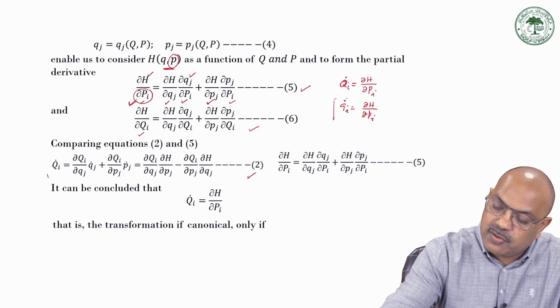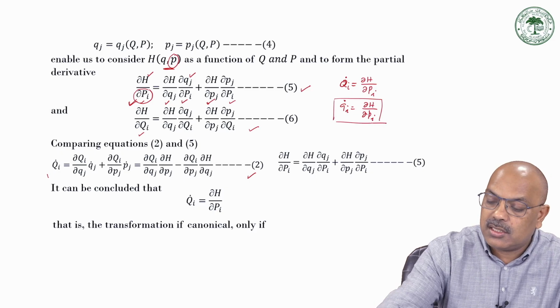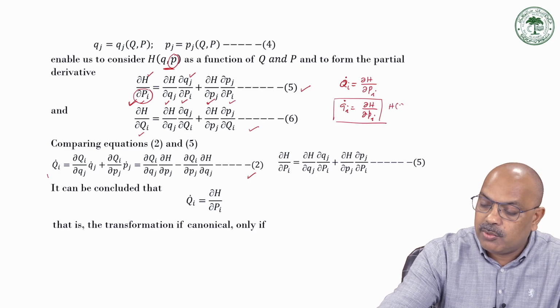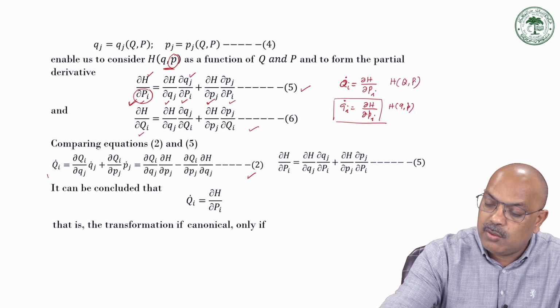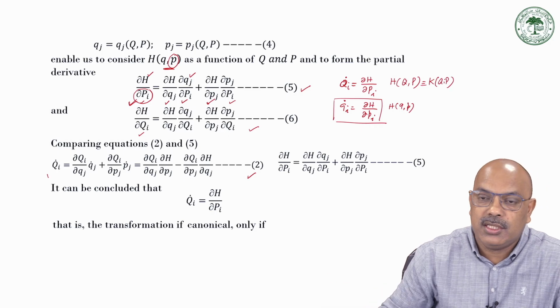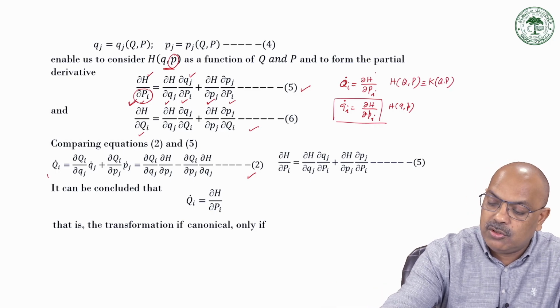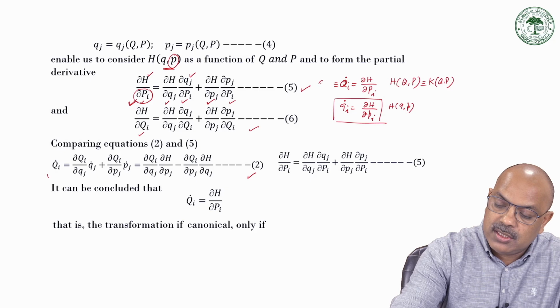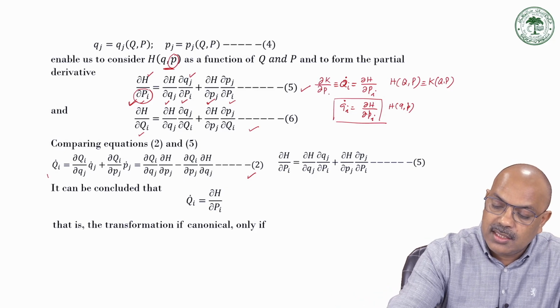This is in terms of the old coordinates, q and p, where H depends upon q and p, which is basically now my K depending upon capital Q and P, my new Hamiltonian. So this Q dot is going to be delta K upon delta Pi.